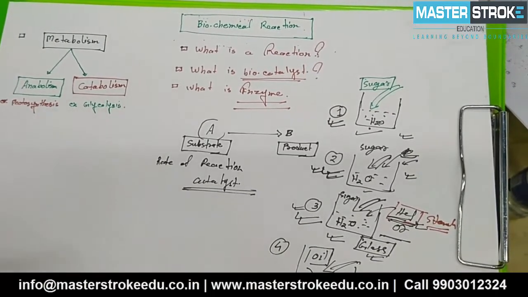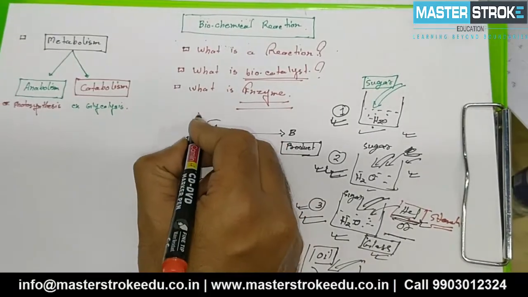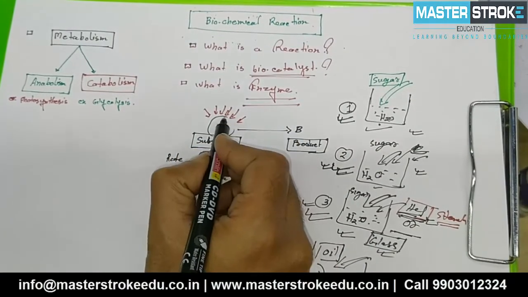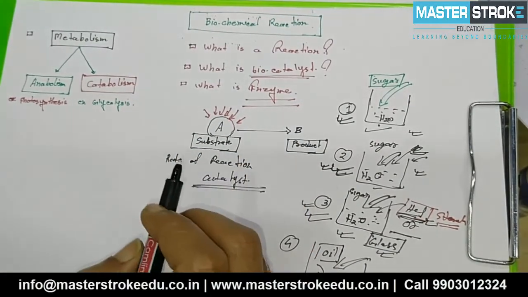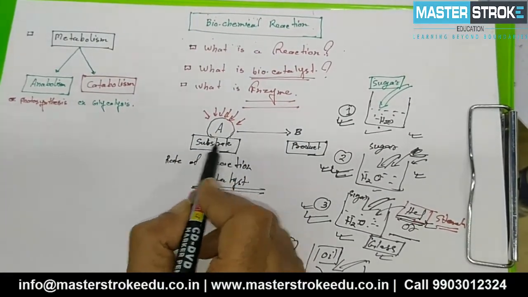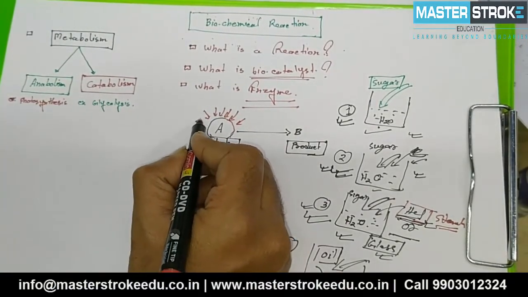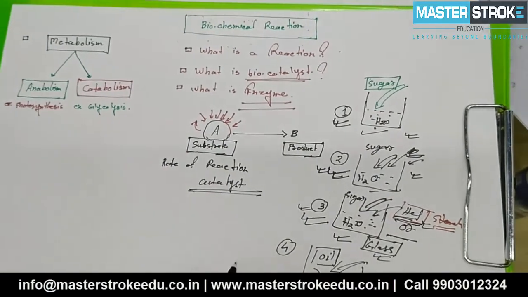So why is there an environmental pressure upon the A? There is an environmental pressure upon the A, and it is a static force. It has a static force. Why is A going for the dynamic and converting to the B?